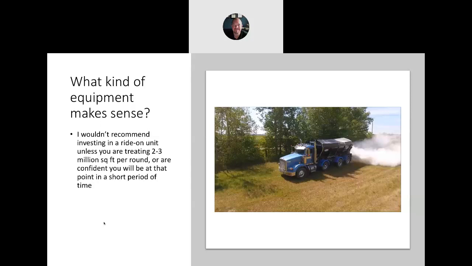Typically, they're in the $13,000 to $15,000 range, depending on how you get them set up. So it's a major investment, and if you don't have the square footage to compensate, it can take a while to recoup that investment cost.